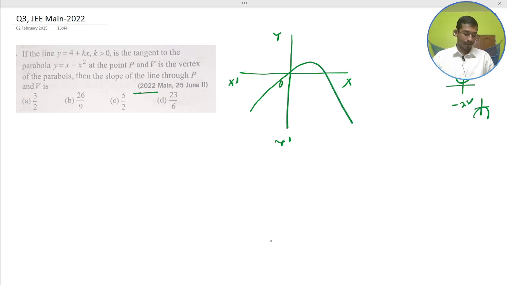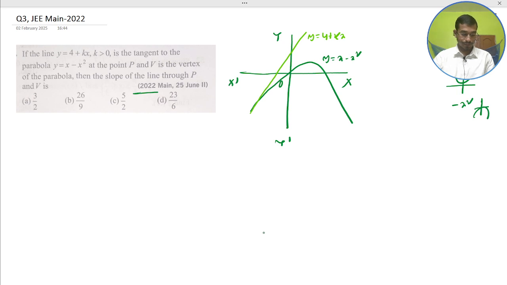This is the parabola, and the straight line, this one, the straight line y equal to 4 plus kx, and this is the parabola y equal to x minus x square.